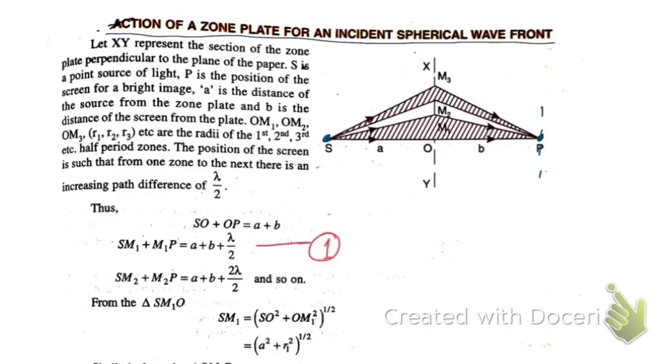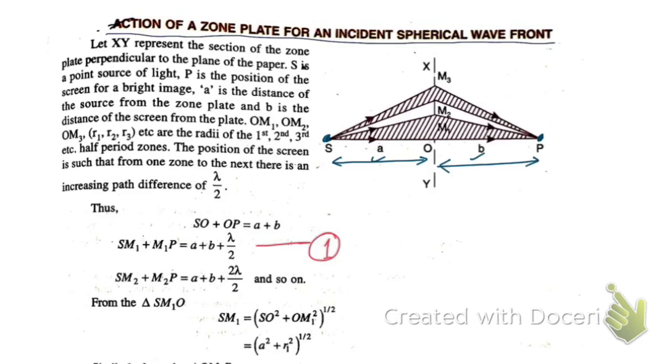Here we get bright image, okay, at point P, and A is the distance of source from the zone plate, and B is the distance of the screen from the zone plate. The distance between the zone plate and source is A, and distance between the screen and the zone plate is B.